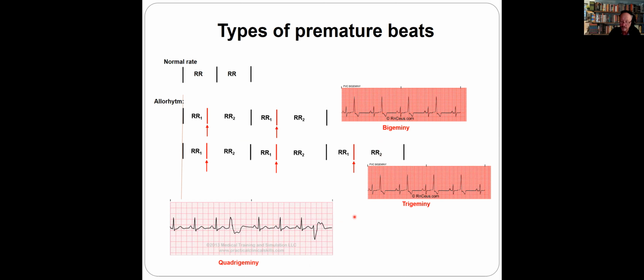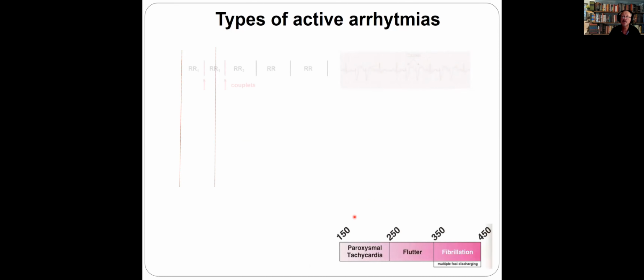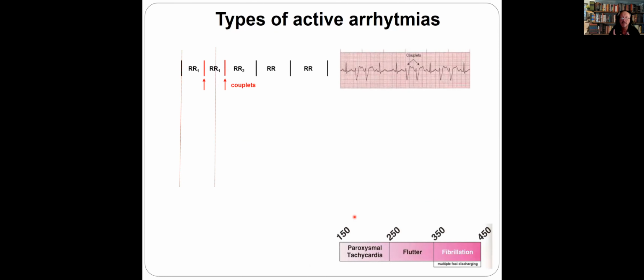Okay. Now, let's see another one. Still, we are talking about active arrhythmias. So far, we had only one premature beat. But what will happen if we do have two or more premature beats coming in a row? For example, when we have two premature beats in a row, that's called couplets.